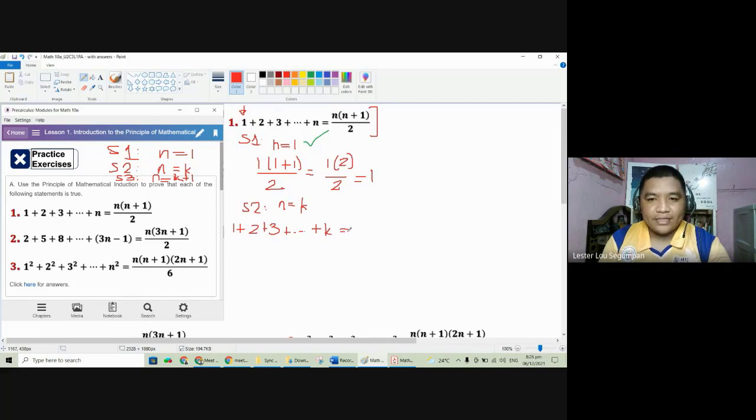And for the right hand side, it will become k times k plus 1 all over 2. So this is now the expression. Instead of n, we change it to k. Don't worry about the representation of n being k, because we are just going to show that it's also true for the next step, which is k plus 1. And that is actually the thing that we are going to show.